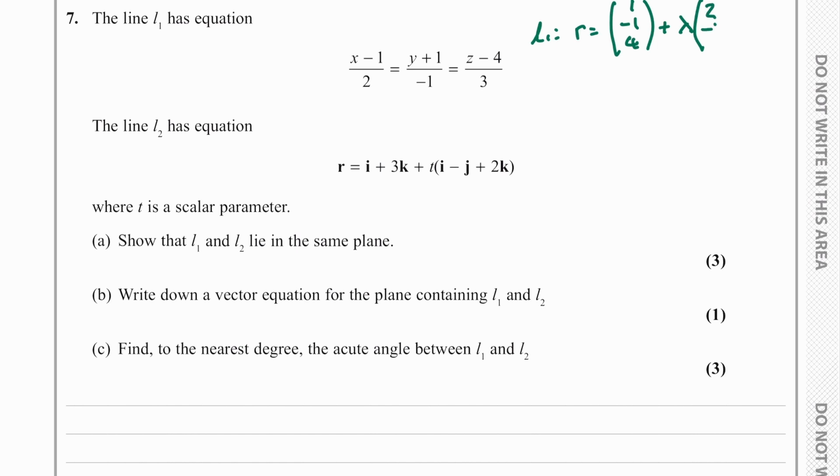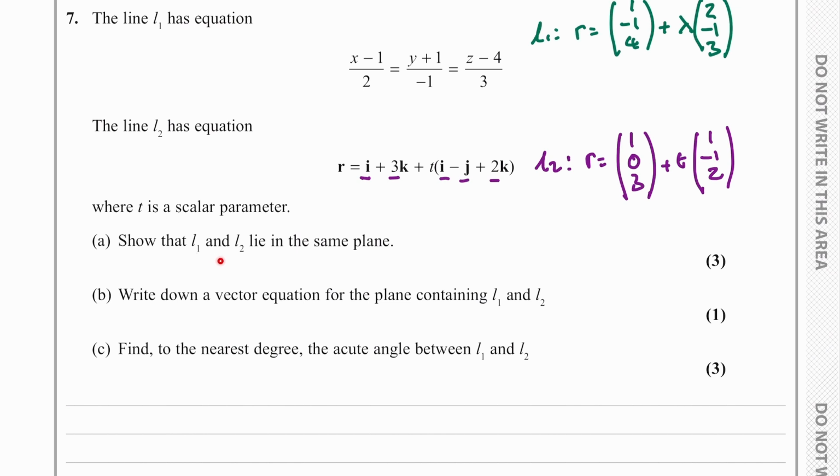So 2, -1, 3. And then for L2, r will be equal to, we've got 1i, 0j, and 3k. So 1, 0, 3, plus t, 1, -1, and 2.